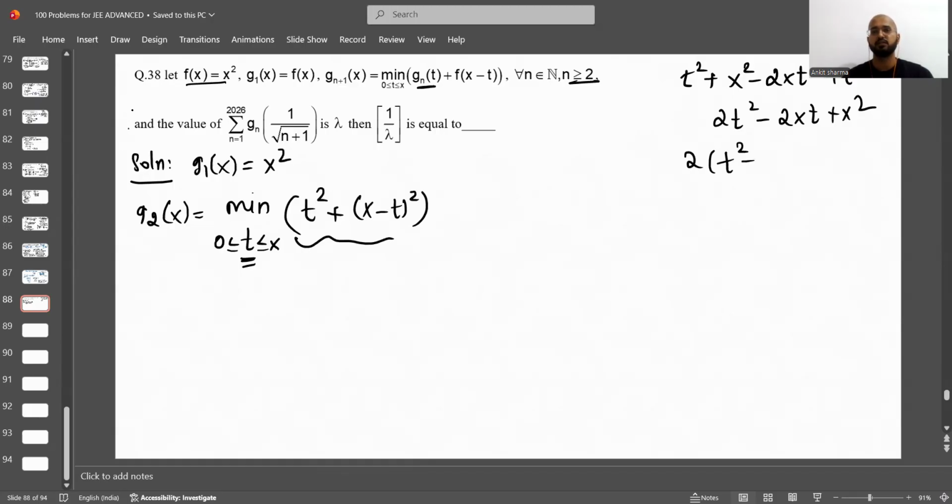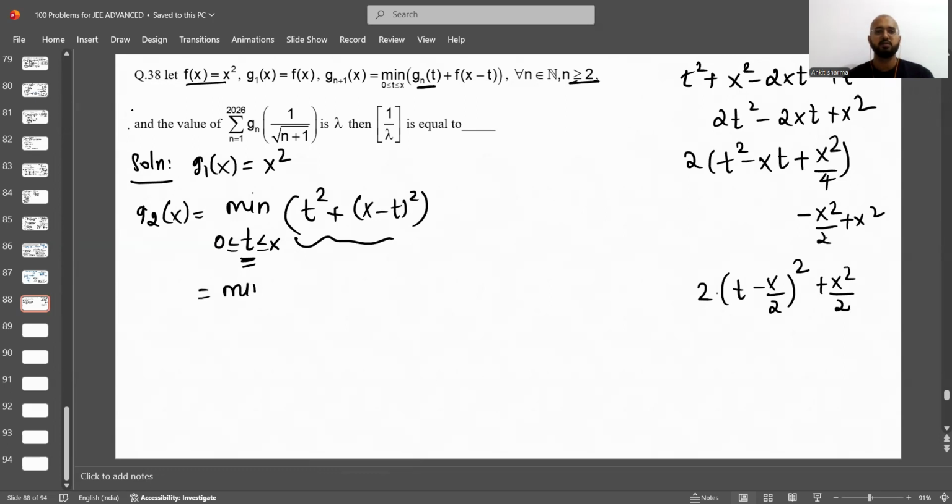So t square minus xt. Then I'll be adding here plus x square over 4, and also I'll subtract x square by 2 plus x square. So this means I get here 2 times t minus x by 2 square and then plus x square by 2.